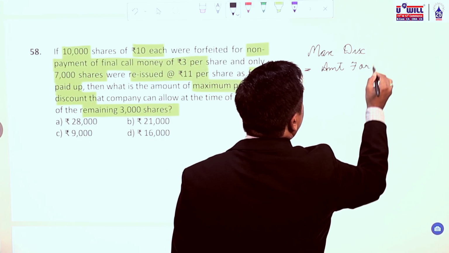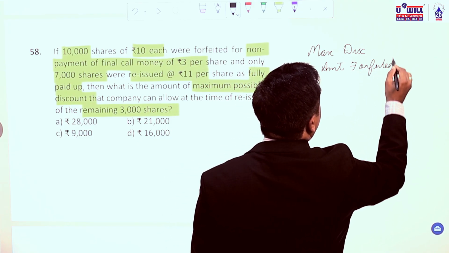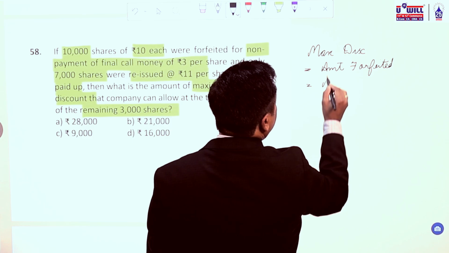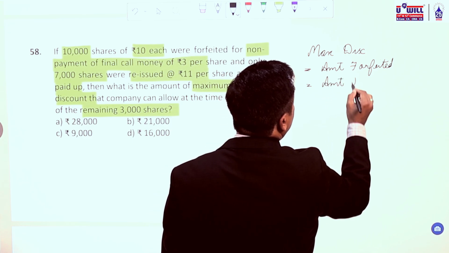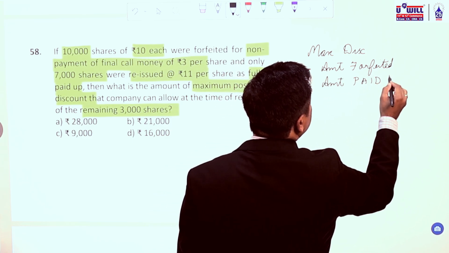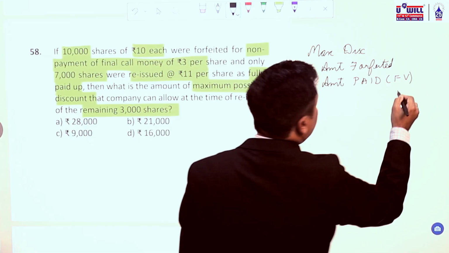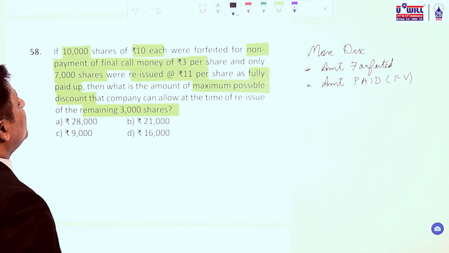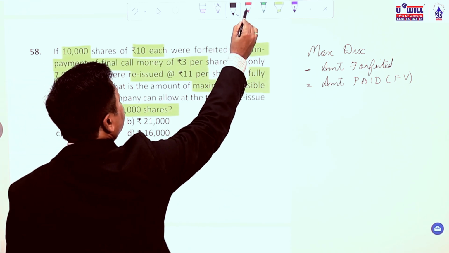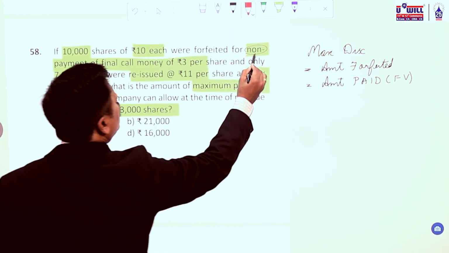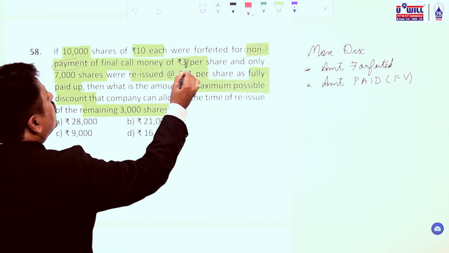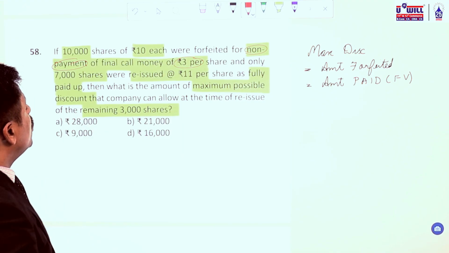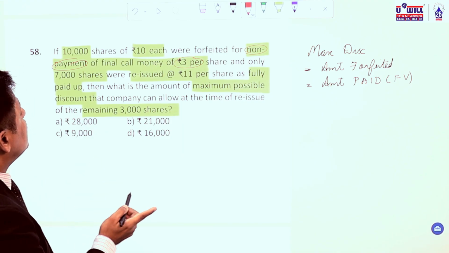And what is the amount forfeited? Amount forfeited is the amount paid by the shareholder towards the face value. Premium is not to be included. Here it is given that the shares were forfeited for non-payment of 3 rupees. Out of 10, 3 rupees is not paid.